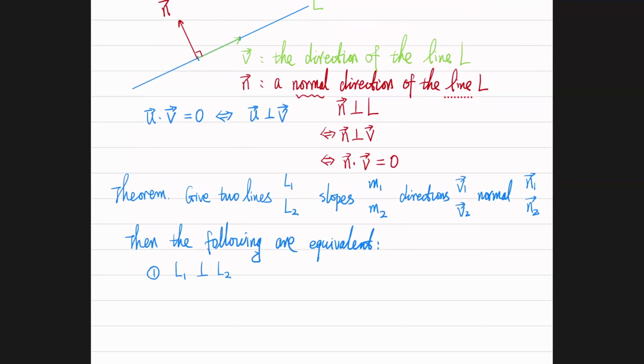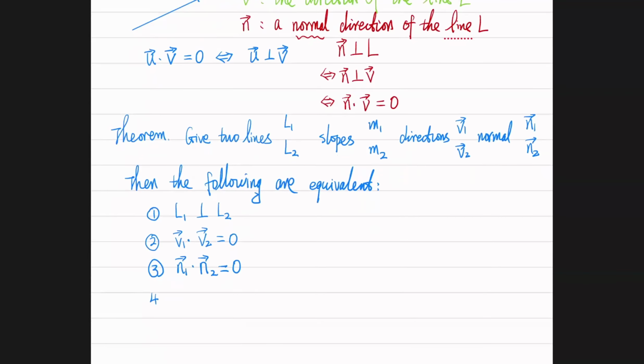This is the same as two directions' dot product is 0. Same as normal vectors. They're equivalent.